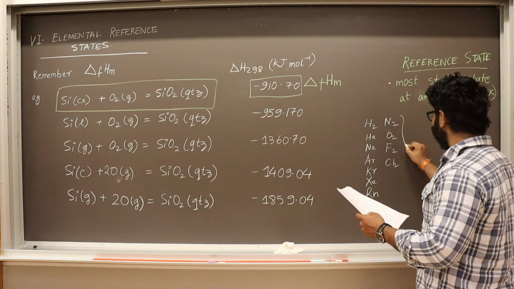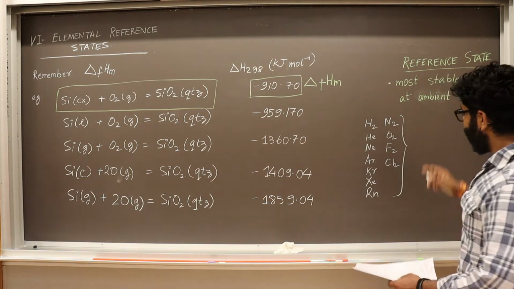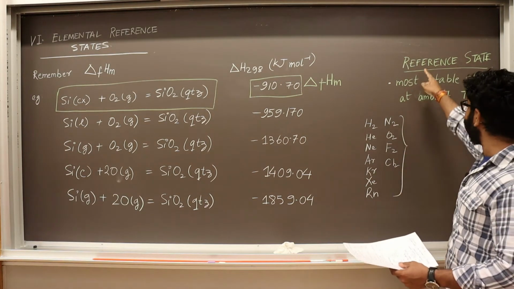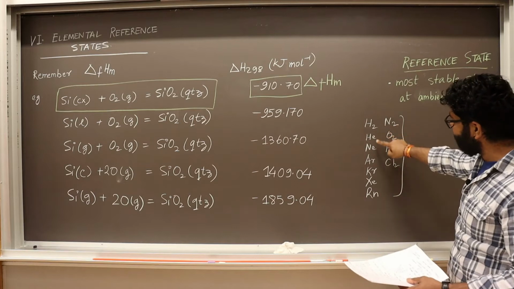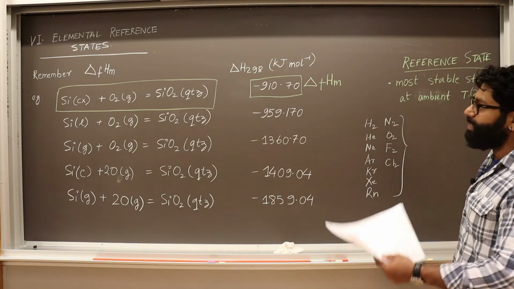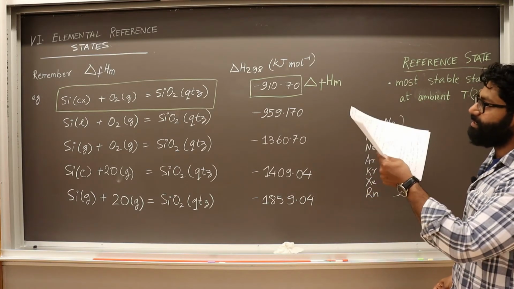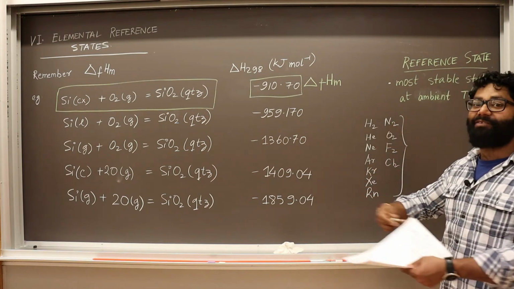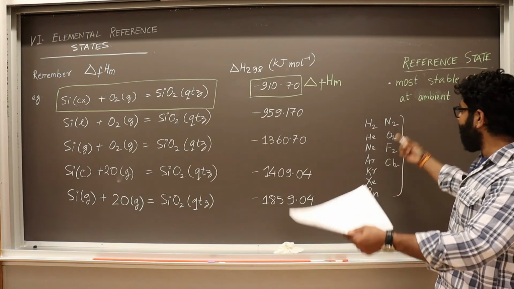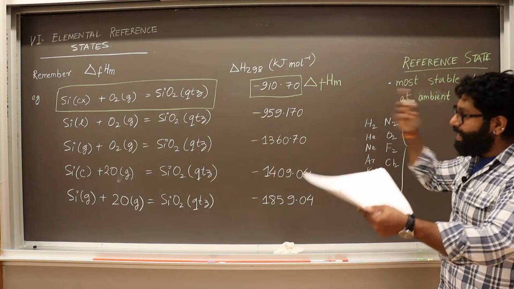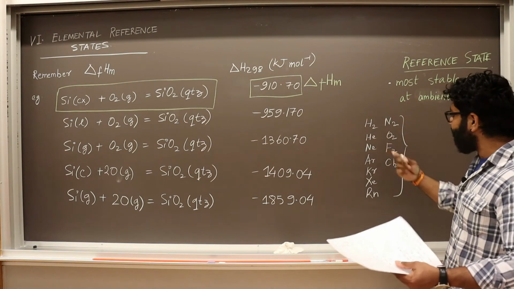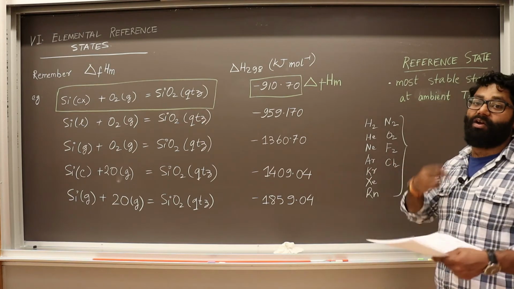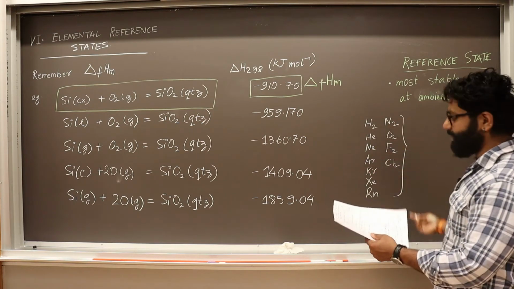So these gases represent the reference state for these individual elements. So what is the elemental reference state for the element nitrogen? It is nitrogen gas. What is the elemental reference state for the element argon? It is the argon gas. Okay, so this is easy.